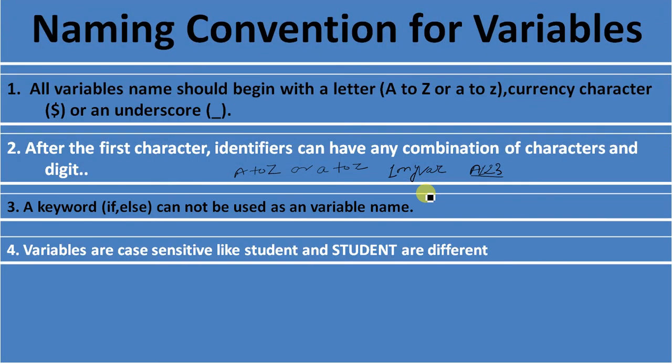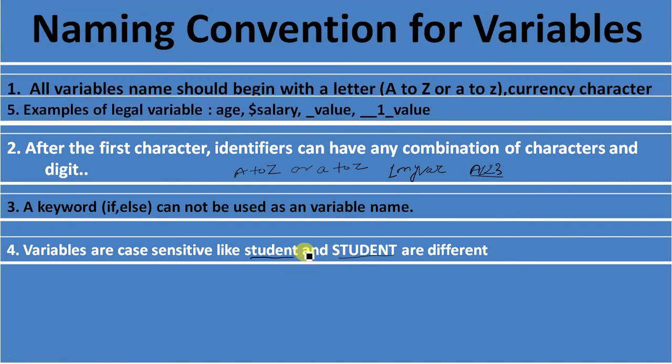Next, variables are case sensitive, like student and Student. The spelling is the same, but this one is in small case and this one is in uppercase. Both are different, so these are two variables. So it is case sensitive.